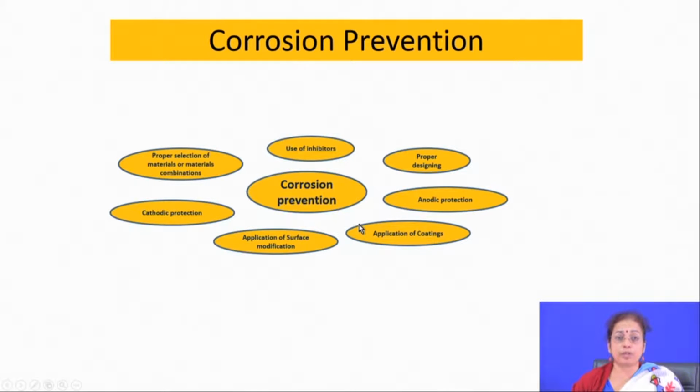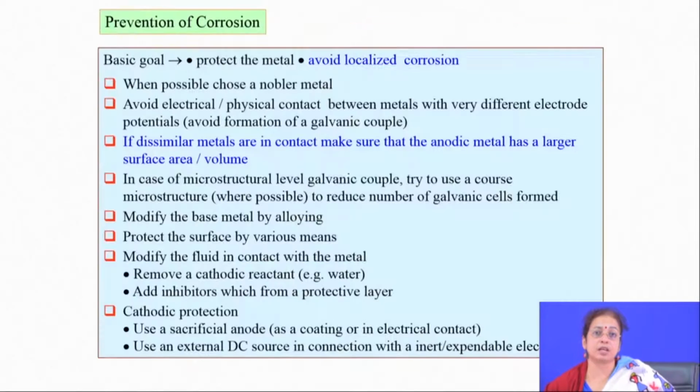Liquid metal corrosion can be avoided by proper selection of the materials combination, and also by the application of coating. So, you have to understand which kind of corrosion your component is facing in that particular environment. Accordingly you choose the material and take different precautionary measures so that corrosion can be minimized.